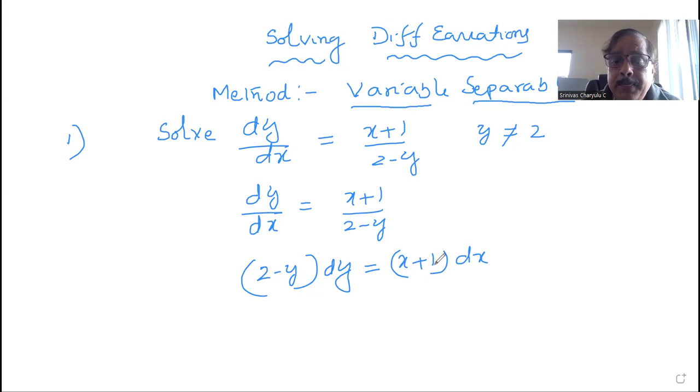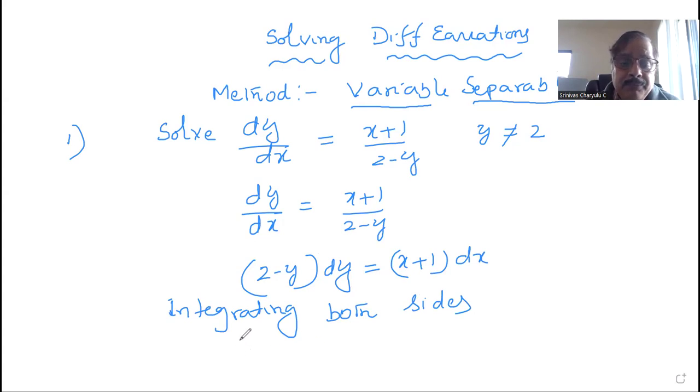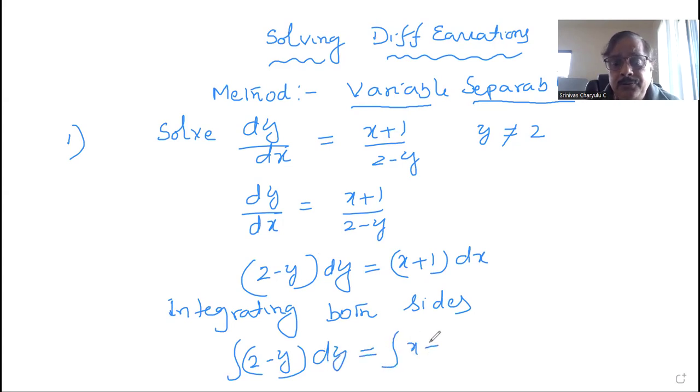So you can integrate it. x plus 1 dx, no problem. By integrating both sides, we'll get the solution for the differential equation. So integral 2 minus y dy is equal to integral x plus 1 dx.